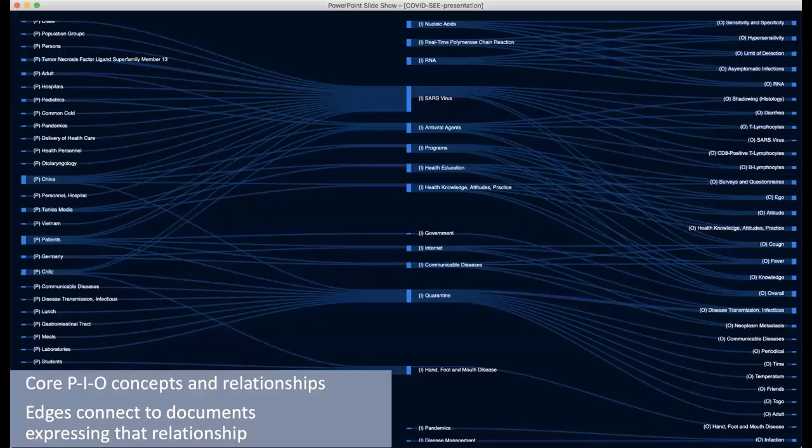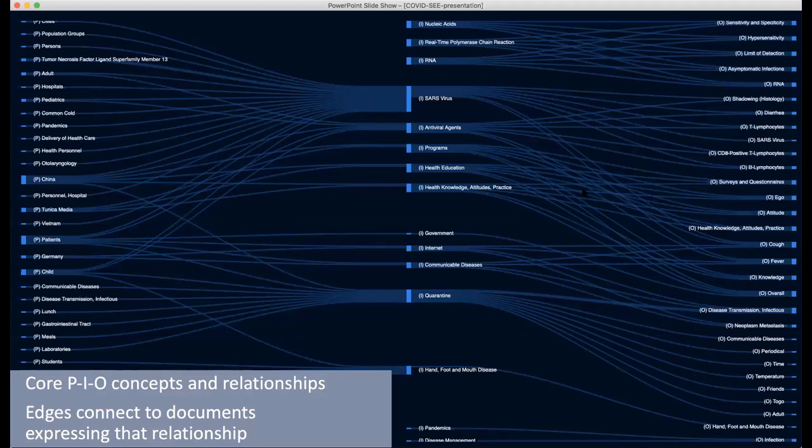So what does this look like? Building on those PICO concepts and relationships, we use a Sankey diagram. This is a screenshot, so it's not active, but in the system itself, it is active. Essentially, you can hover over any of these links, and when you click on one of them, it brings up the paper that contains that particular relationship.